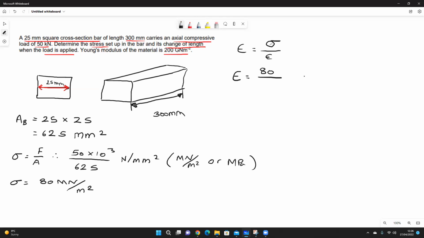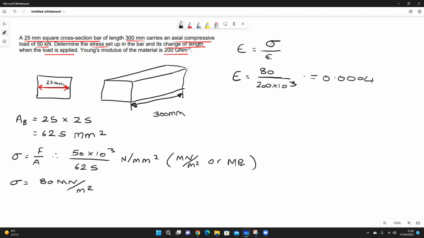The Young modulus is given in the question, so that'd be 200 times 10 to the 3. That then should give you an answer of 0.0004.